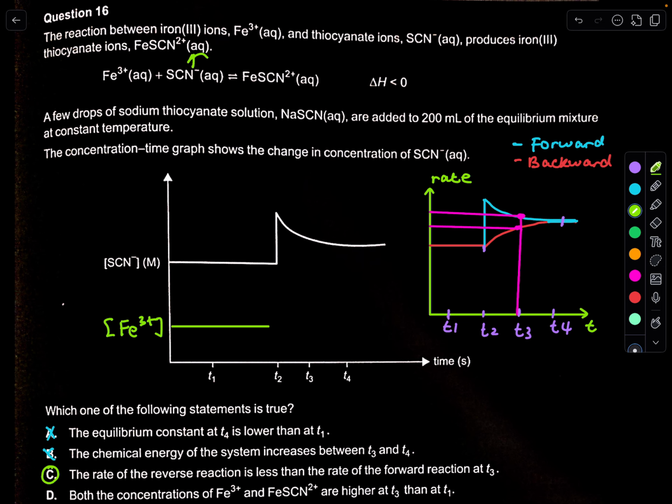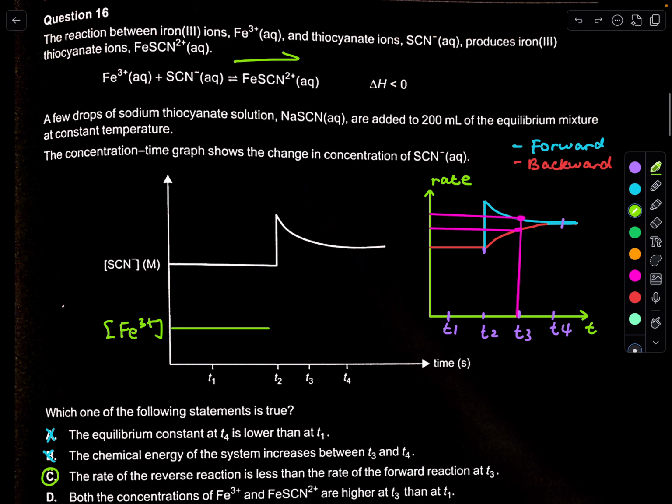Because you've increased this, it shifts to the right. This is going to start decreasing. This one over here, let's say we draw the concentration of FeSCN2+. Because the forward reaction is happening, it's going to move like this.